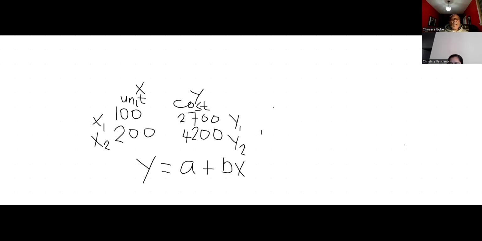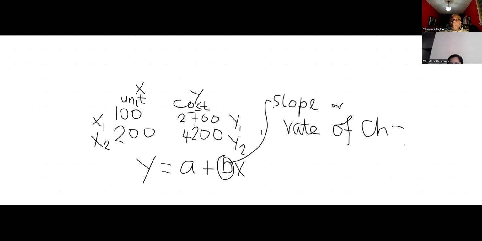So what we then do is we have y2. So the slope, this B, this is called the slope or the rate of change, right?